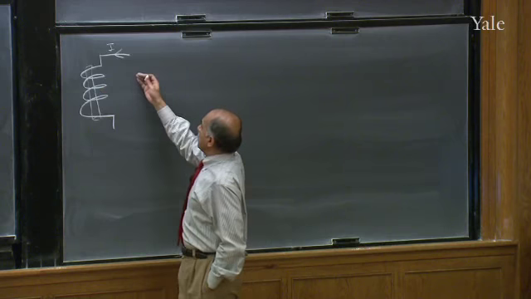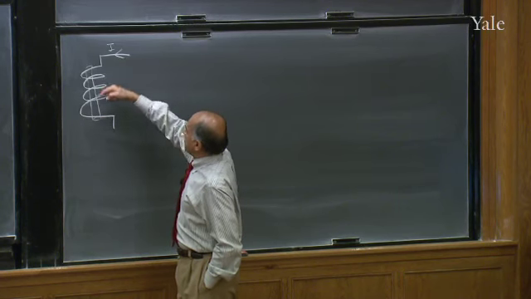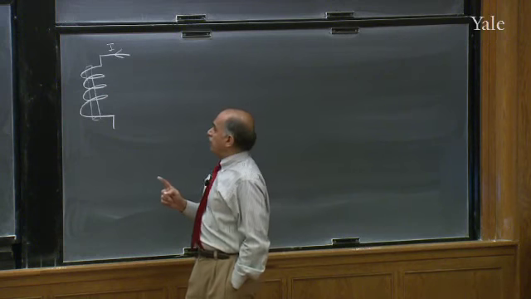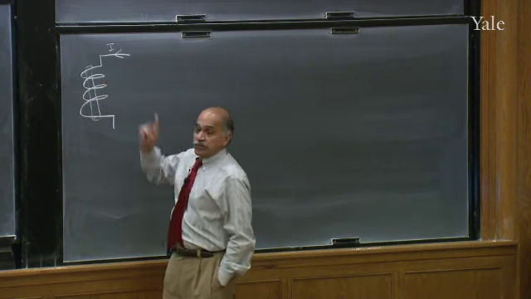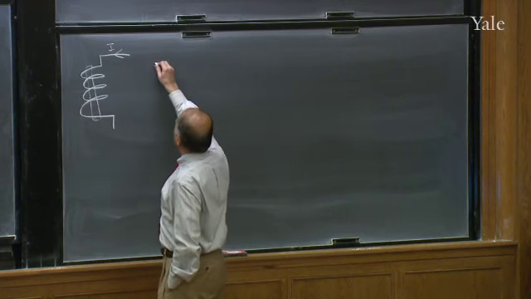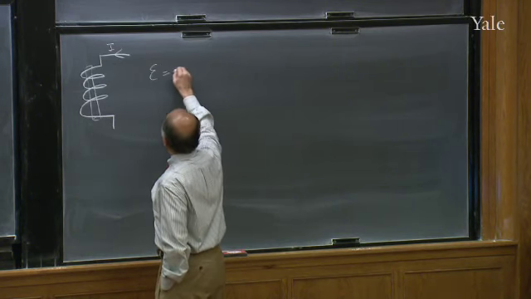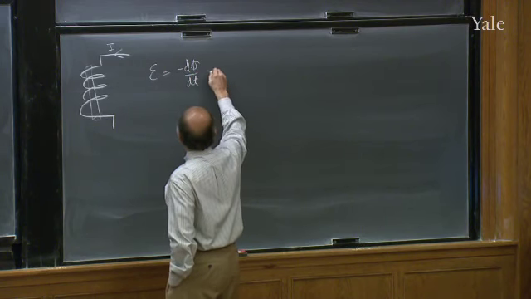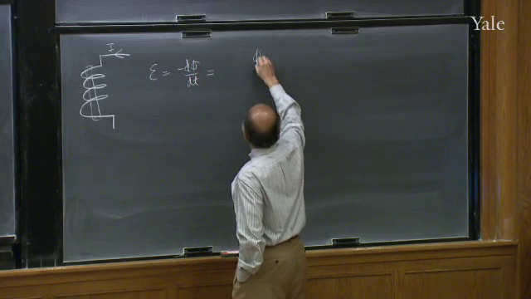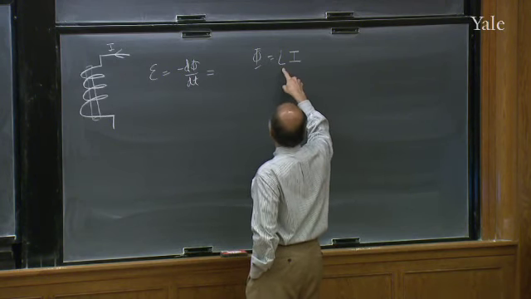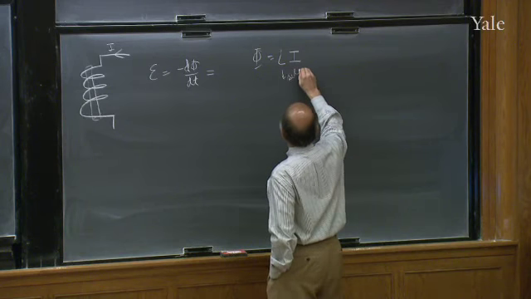So let us say the current was originally 0. You're trying to increase it and produce a magnetic flux here. Then an EMF will be generated that opposes it. And we can ask, how much is the EMF? The EMF is the rate of change of flux through that coil. And I'm going to assume that the flux through that coil is equal to the current in the very same coil times a number called self-inductance.